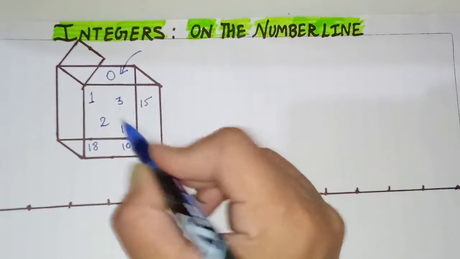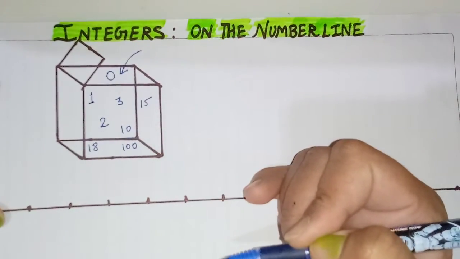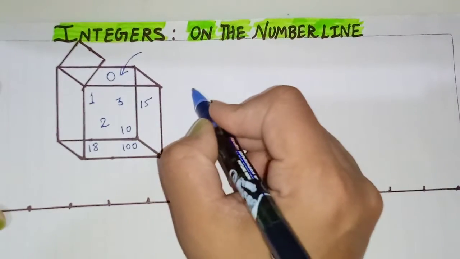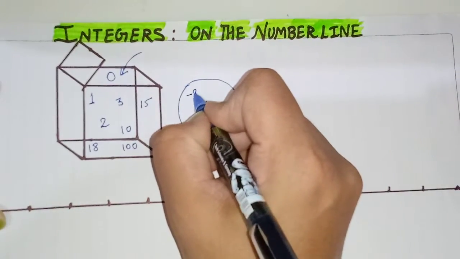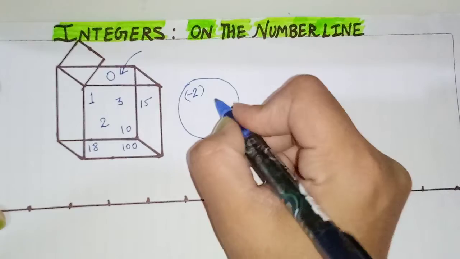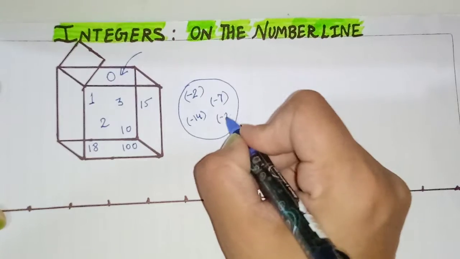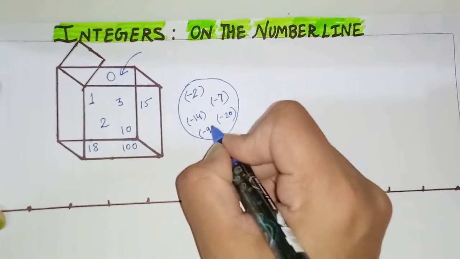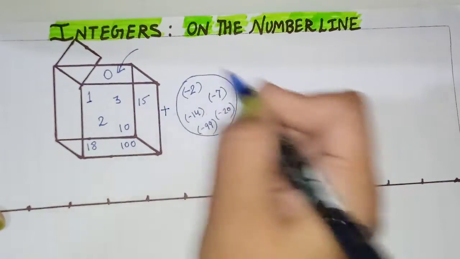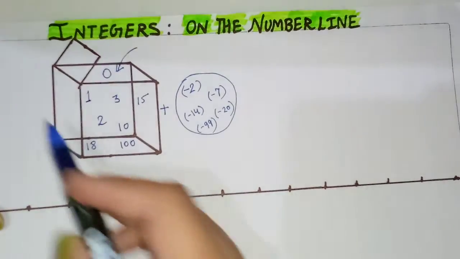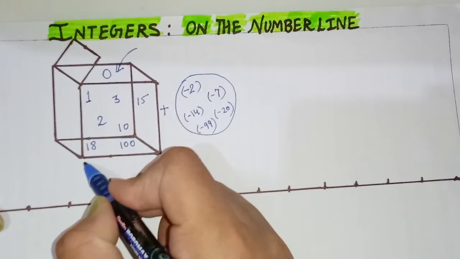Now along with the whole numbers, if I insert some negative numbers, meaning numbers with the sign of minus, like -2, -7, -14, -20, -99, and mix these in the group of whole numbers, then this whole group is called integers.